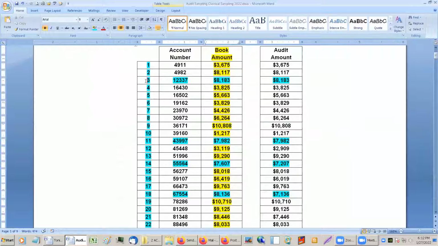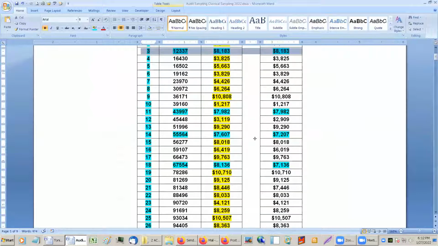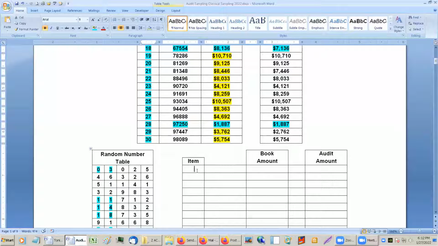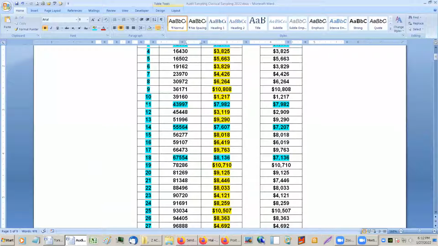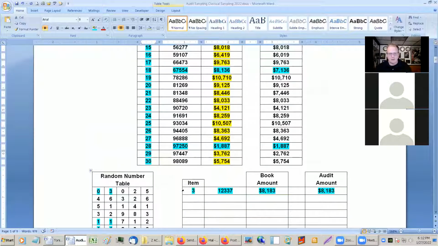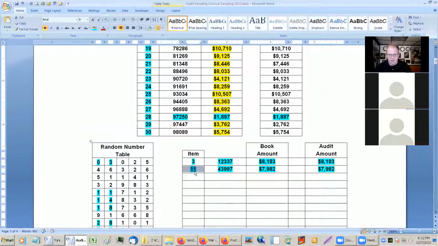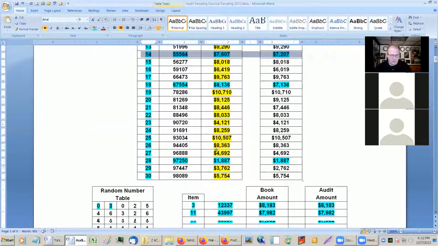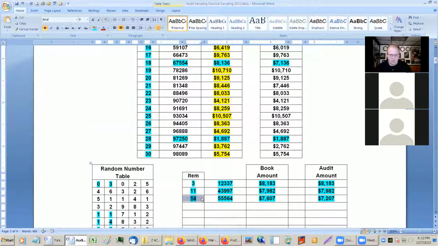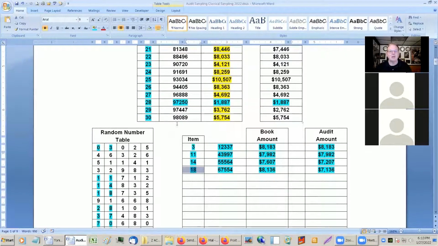Now I'm just going to copy these down to the bottom here. So there's number 3. Number 11. 18.